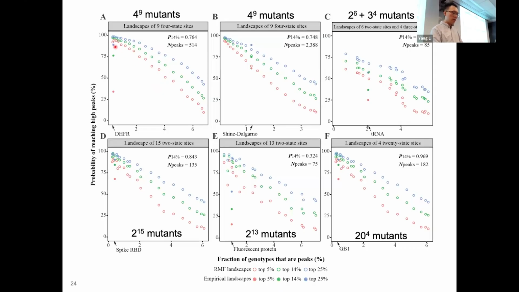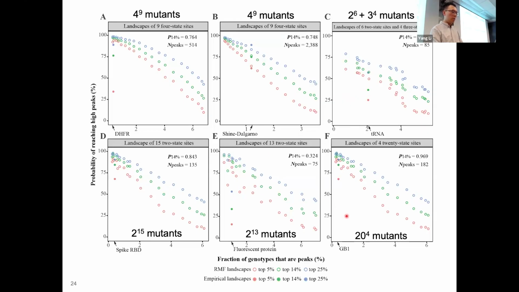And we could find that the probability in this ecology landscape is 70%. One of the reasons we think is that the landscape is smooth, so they could reach the high peak much more easily. And some of the landscapes are 70% because the ruggedness of the landscape changes just like this.